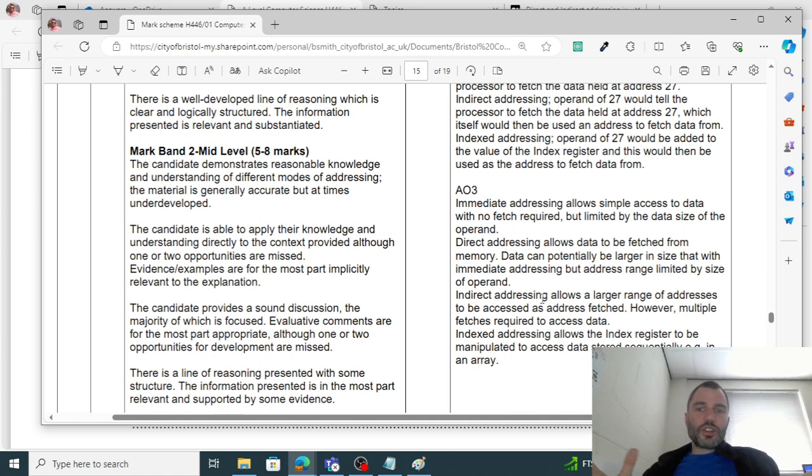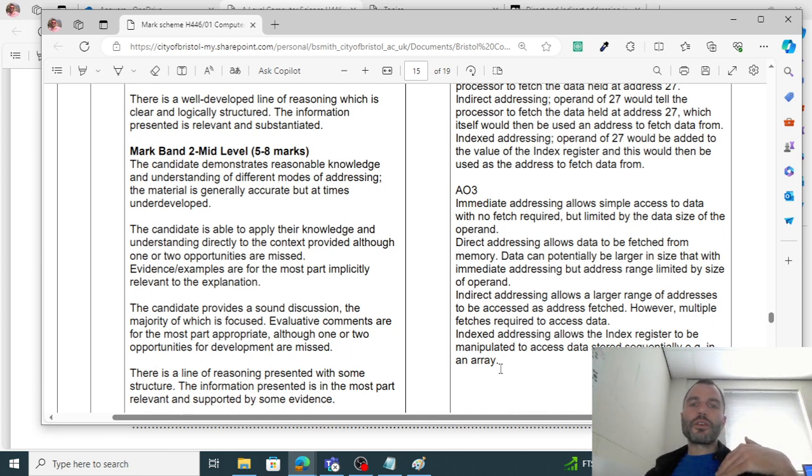But indexed addressing gives us a whole range of data, as long as the data is stored sequentially, one after the other. So you're starting at 10, you're adding on the index to get 13, adding on another index to get 14, and so on.